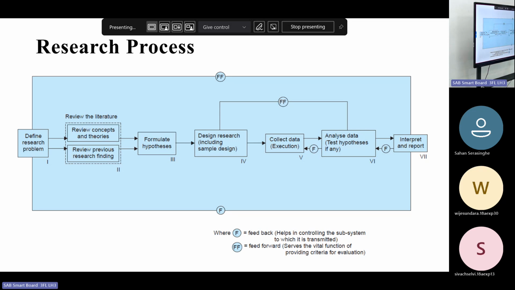Research softwares: we have main research software. Here we are lecturing to you in the third year, second semester.